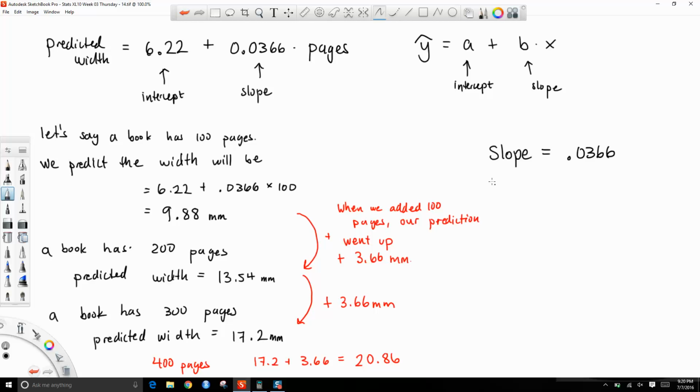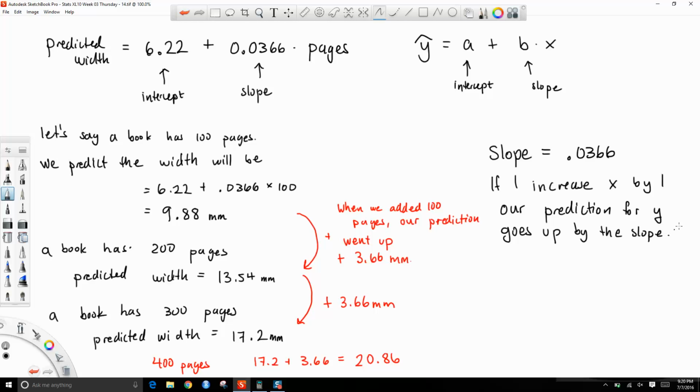And what this means is that if I increase x by 1, our prediction for y goes up by the slope.